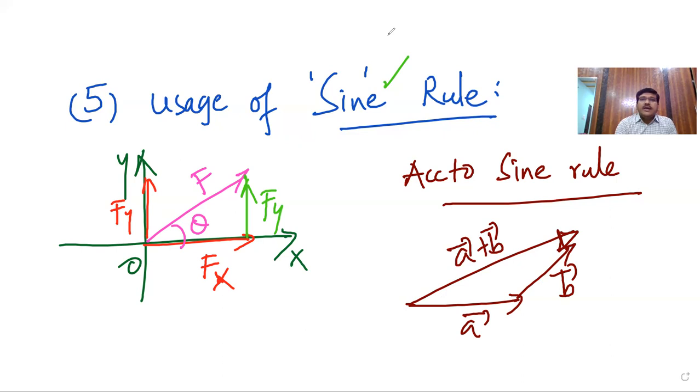Let us say a bar plus b bar is c bar, and the angles between them are alpha, beta and gamma. Clear?